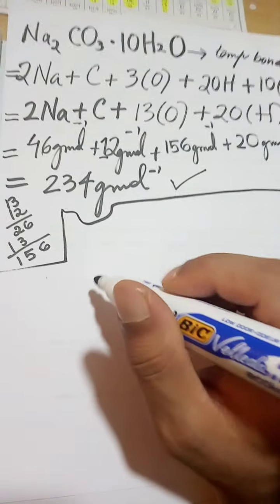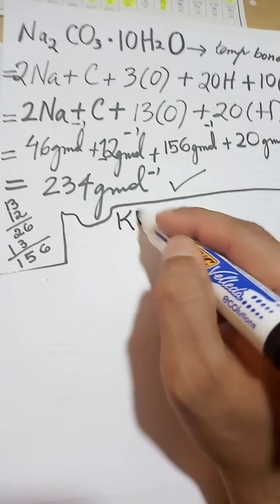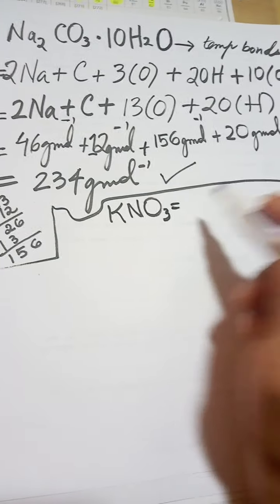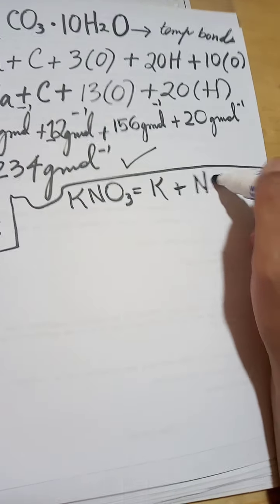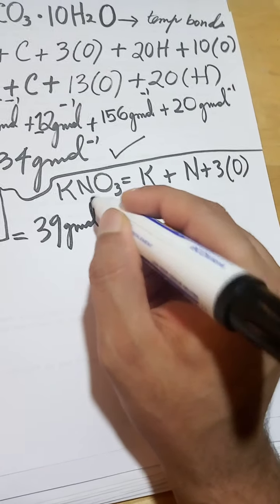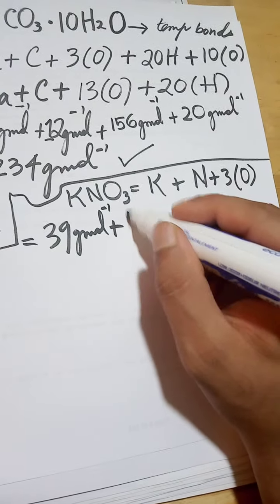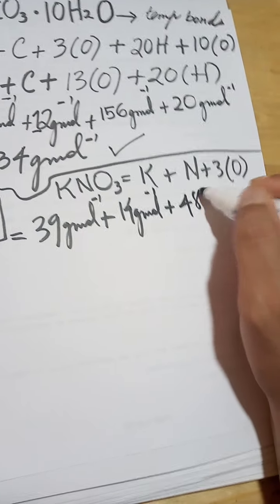Now we do potassium nitrate. One atom of potassium, one atom of nitrogen, and 3 atoms of oxygen, and that'll be 39 grams per mole plus 14 grams per mole plus 48 grams per mole.